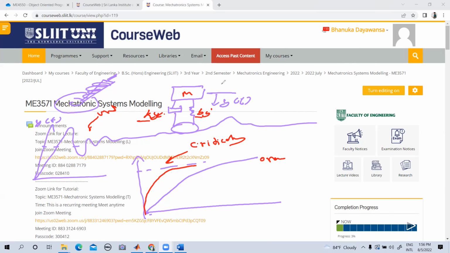So what we try to do is represent all the systems in this world in this particular format, right? There are certain formats where we used to model these systems. One fundamental way of doing that is using the transfer function, right?